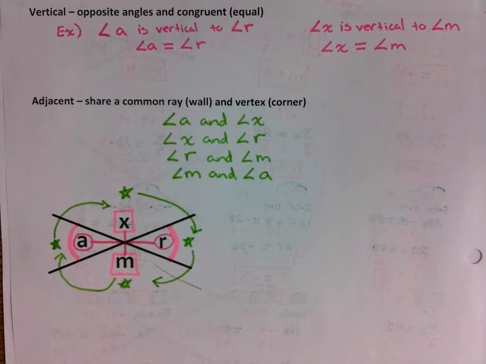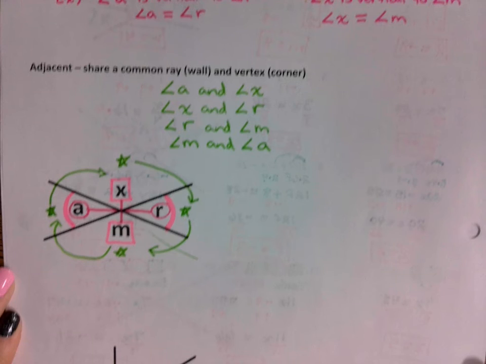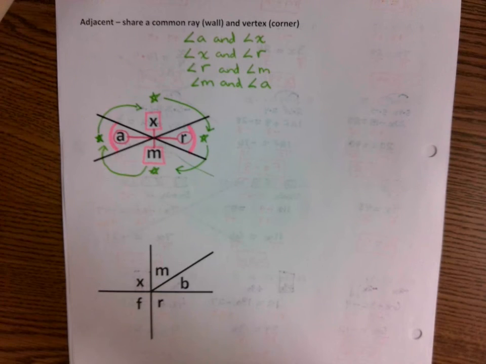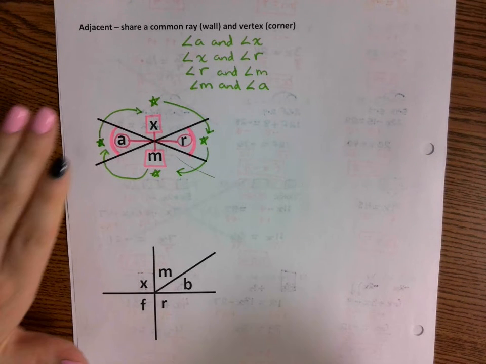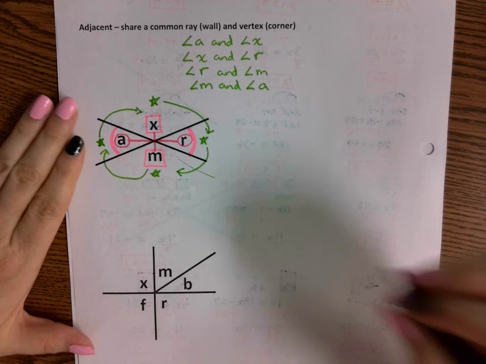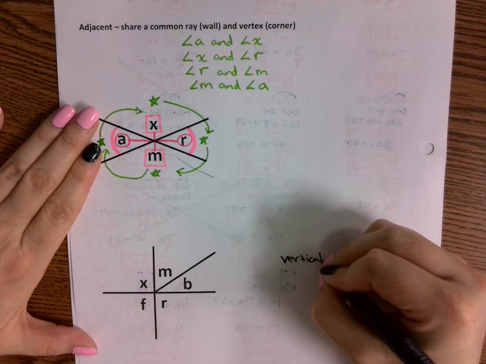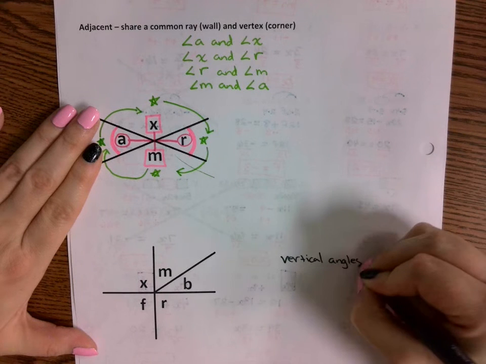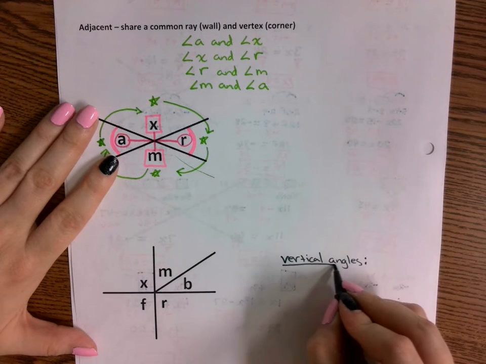Okay, so what I want you guys to do with this bottom diagram is identify the vertical angle relationship. And I'll let you know right now there are only two angles that create a vertical angle relationship in this diagram.